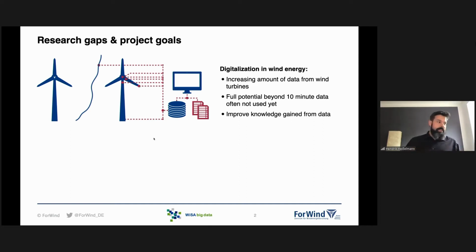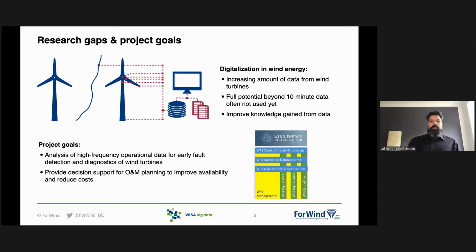And as I mentioned, what typically happens now is a lot of data is 10-minute data, at least what is stored away for a shorter time frame. You may have higher frequency data, but often 10-minute data is what you have available for long-term historic data. So in our project, we want to advance this by getting to the analysis of high-frequency operational data. We're talking about the order of 1 second data, maybe 2 or 3 second data.